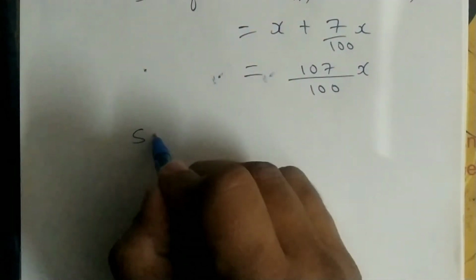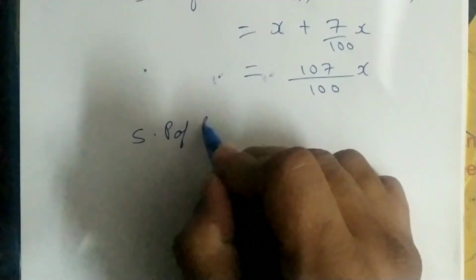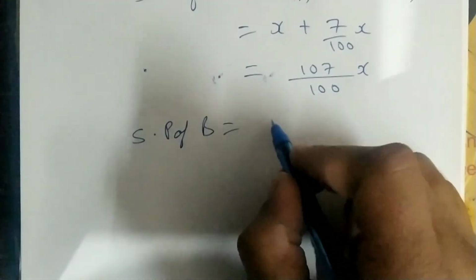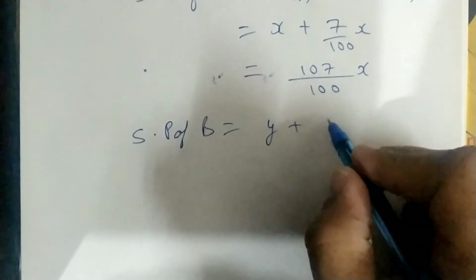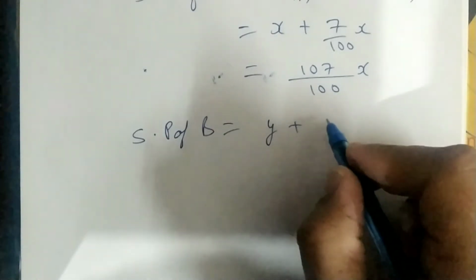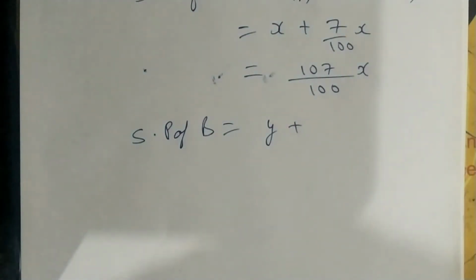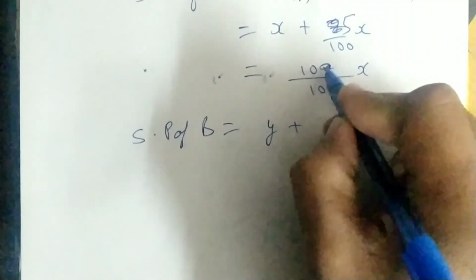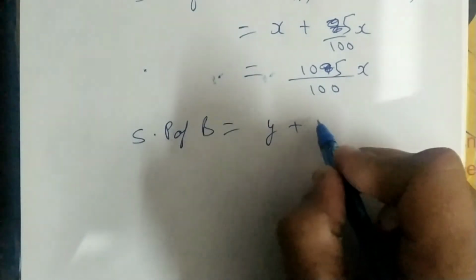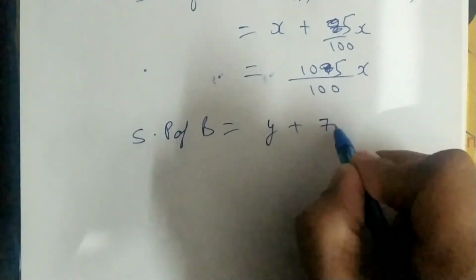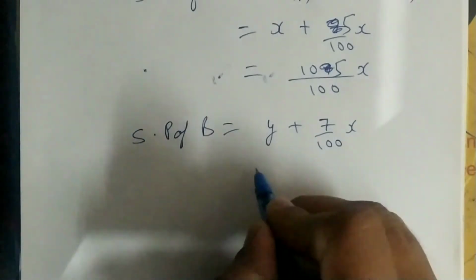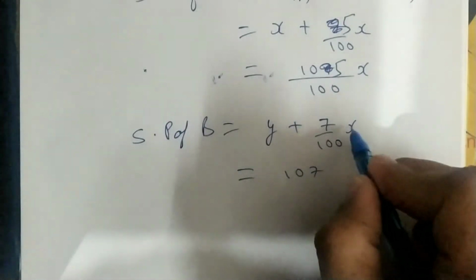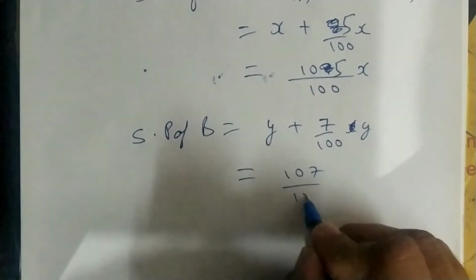Same way, selling price of B will be Y plus profit on Y, that is 7%. Sorry, it was 7%, so 107y.